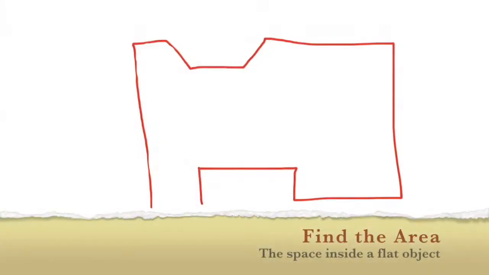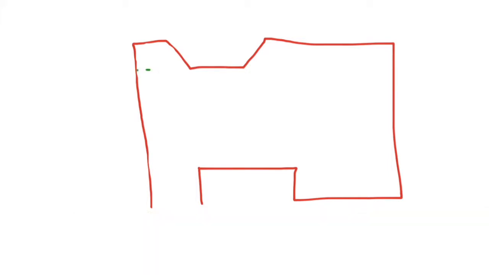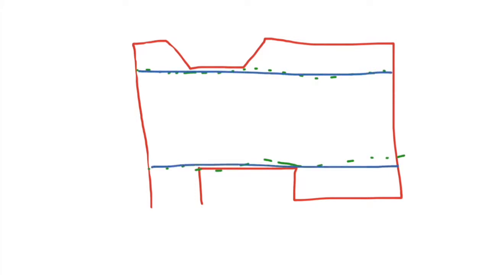So in order to figure out how much floor there was in my room, I again drew my diagram. And the easiest way for me to do it was to split the room up into rectangles. So what I did was I cut off these little pieces right here. And as you can see right here in the center of the room, we have a large rectangle.